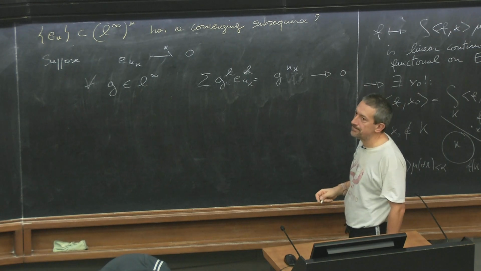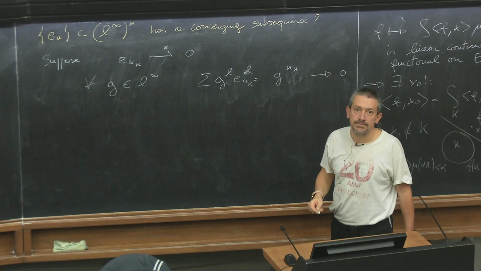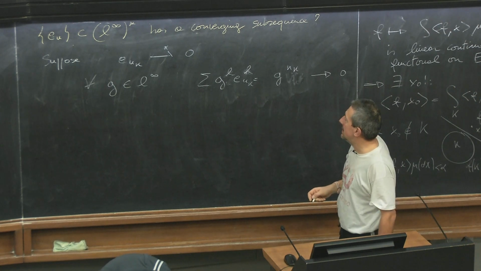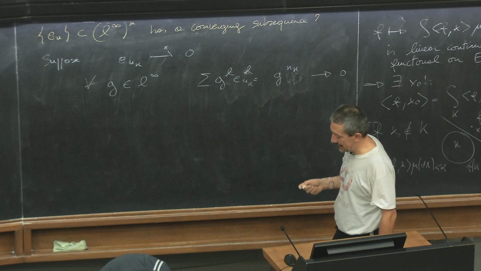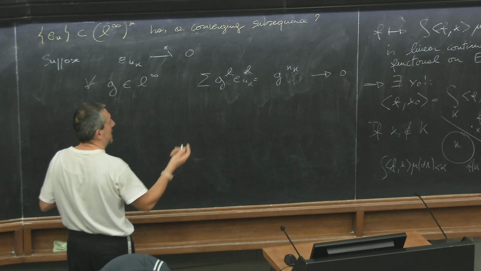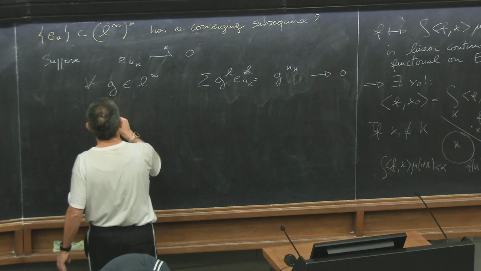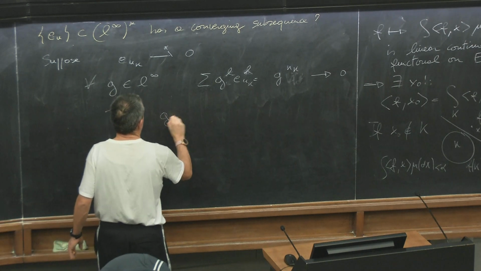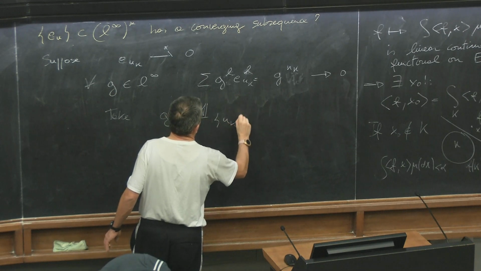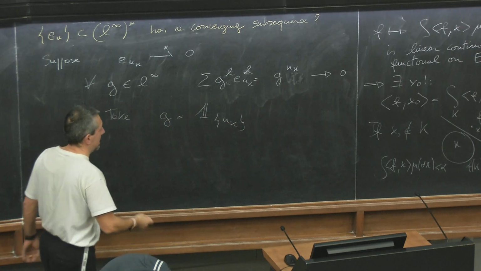And then? So you deduce, clearly this cannot be. Because take g to be the characteristic function of the family n_k. Then you get a contradiction, no?